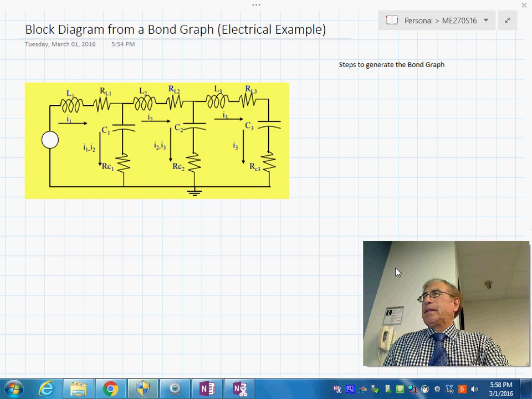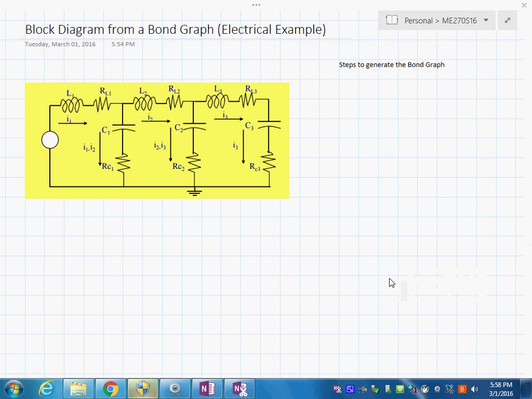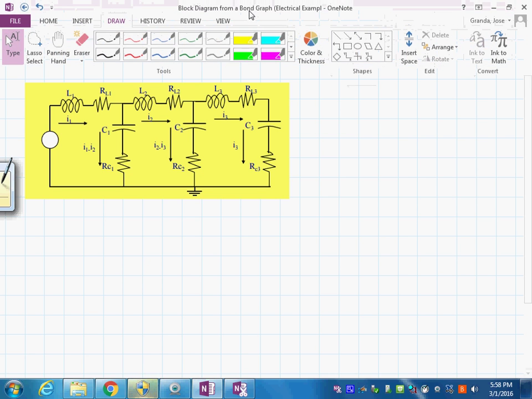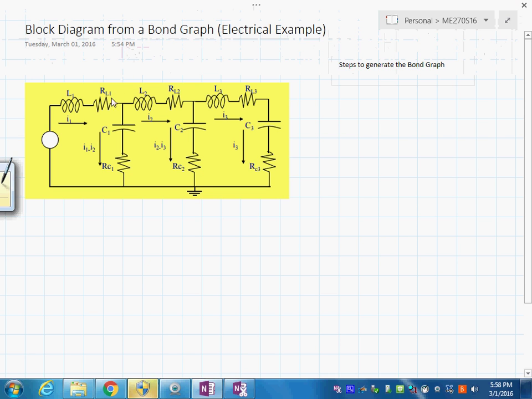The very first thing we need to do is identify the distinct currents. This is I sub 1, this is I sub 2, and this is I sub 3.